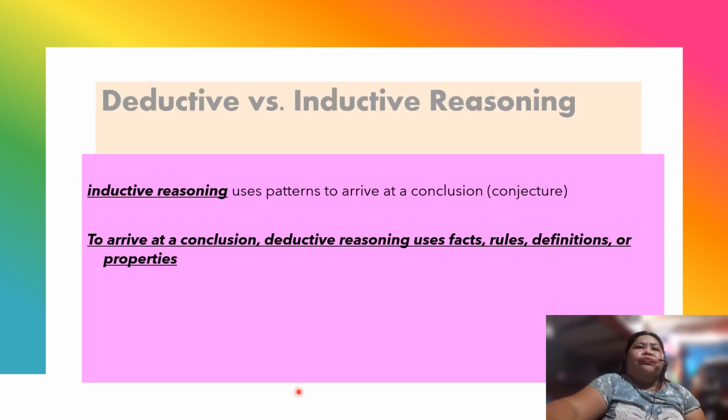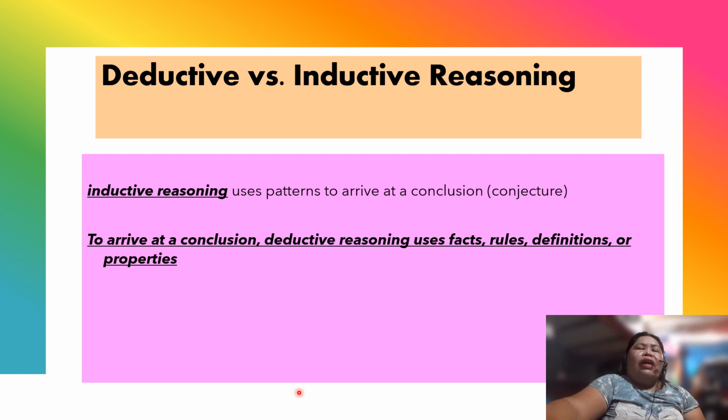So we have deductive versus inductive reasoning. We can define that inductive reasoning uses patterns to arrive at a conclusion, so it's a conjecture. And to arrive at a conclusion, deductive reasoning uses facts, rules, definitions, or properties.